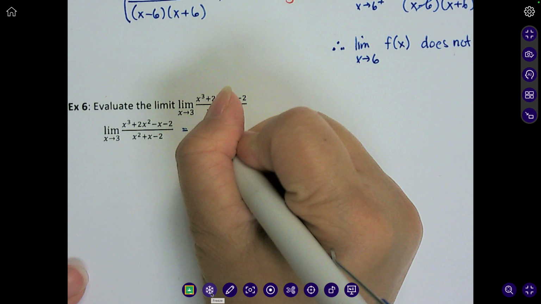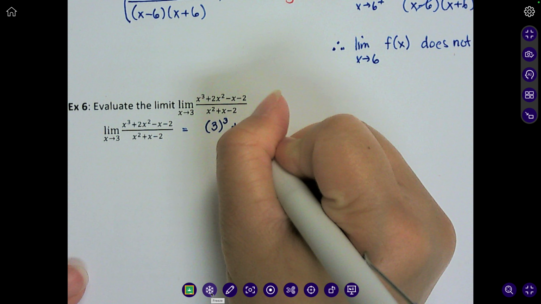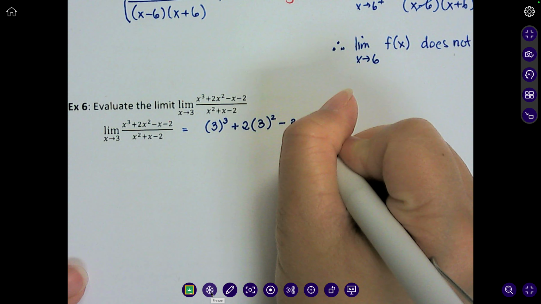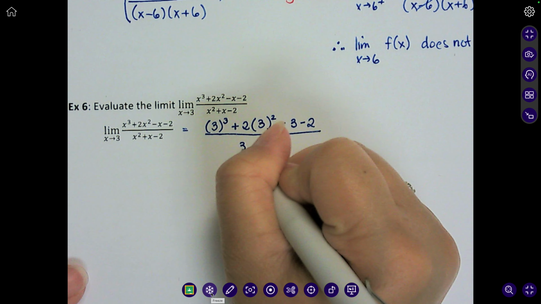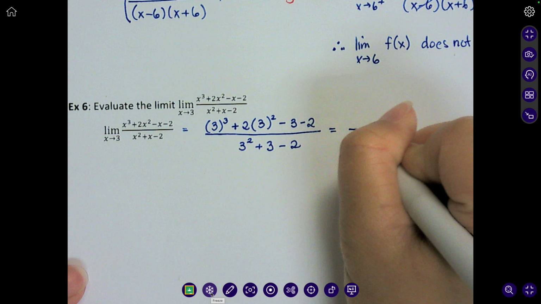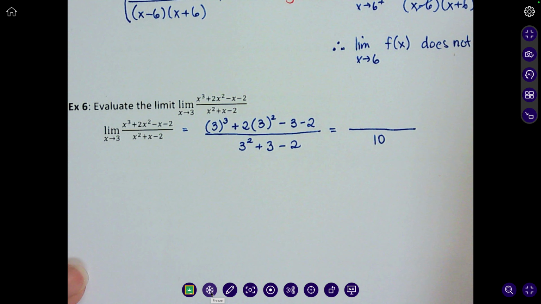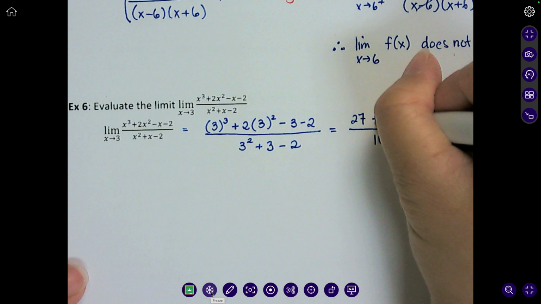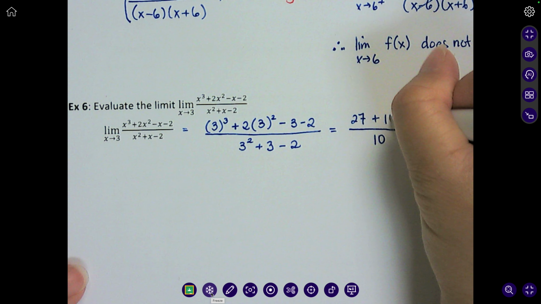So in this case, we have 3 cubed. That's 9. 9 times 2 is 18.